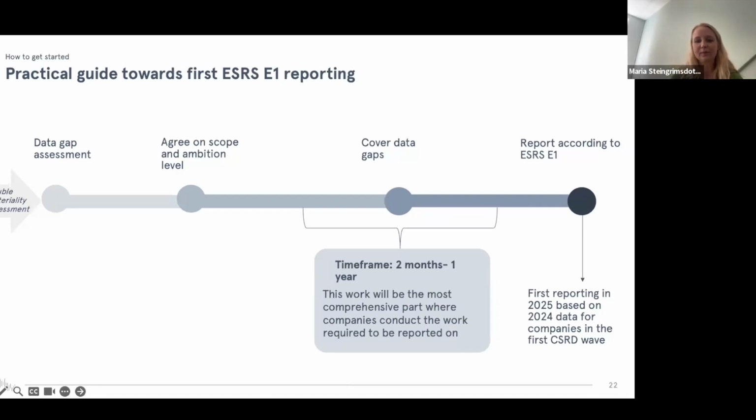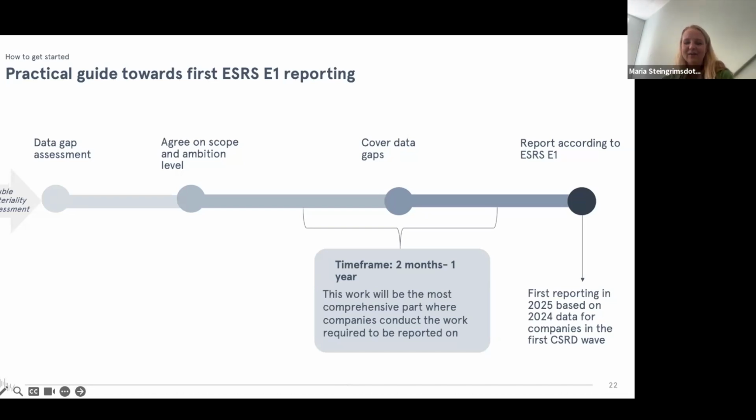Are you only doing the minimum to be compliant, or do you actually want to use this opportunity here to set an ambitious climate strategy and to meet stakeholder expectation and anchor climate action within the organization? And we, of course, recommend you to do the latter.